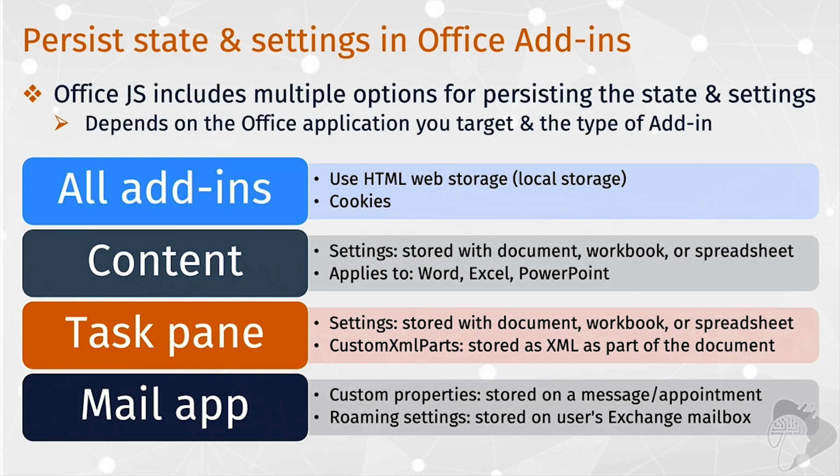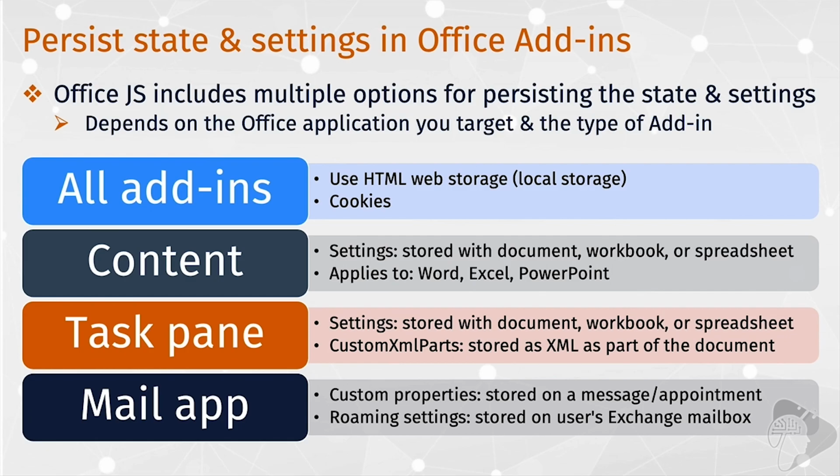The Office add-ins platform provides several ways for your add-in to persist state and settings, and again, they depend on a couple of different scenarios: the client that you're in and the type of add-in you're creating. The Office.js API provides objects for your add-in to save state across different scenarios. So here are some of the options that are available to us depending on the add-in types.